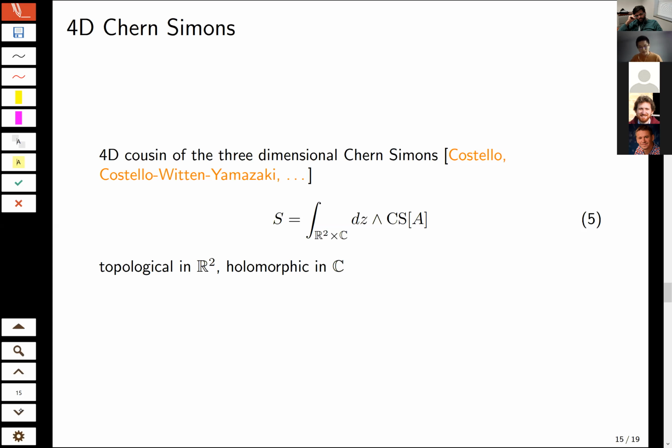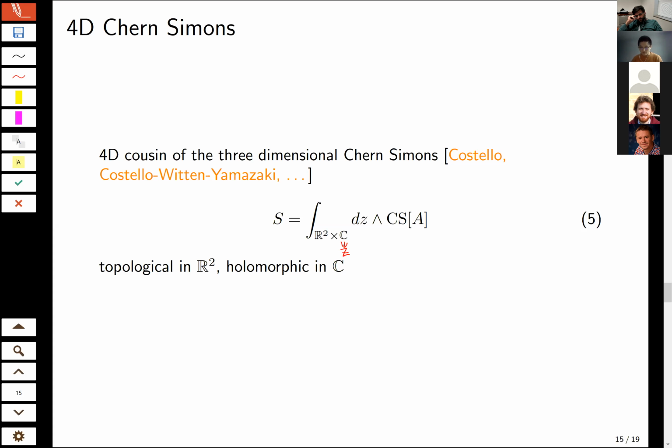It's very simple, actually. It's like a 4-dimensional version of 3-dimensional Chern-Simons. Here the spacetime is R2 times C. I take the coordinate of C to be z. And the action is basically the usual Chern-Simons 3-form, wedged with a holomorphic 1-form, dz.